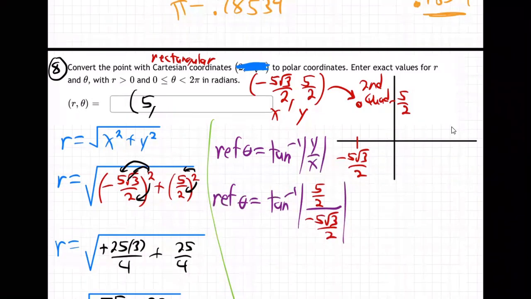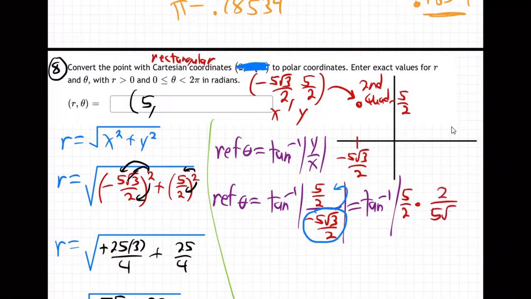And so now, what do we do with that? Well, do you know that when we have fractions over fractions, we have to grab the one on the bottom and flip it upside down? So it becomes 5 halves times 2 over 5 root 3, negative 2 over 5 root 3. Now, why is that?